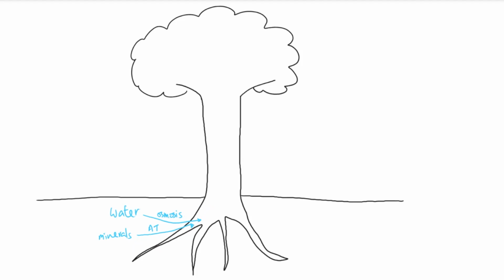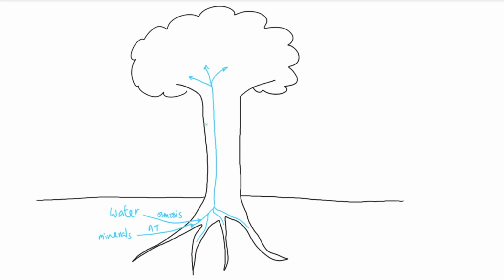So once the water and minerals enter the roots, they actually go into a structure called the xylem. Now there are loads of xylem around, in all of these places, across all the roots, etc. But the idea is that all of them would be connected into xylem vessels, a bundle of them actually, and they will go up the stem of the plant, and then they would distribute to various different leaves, for example.